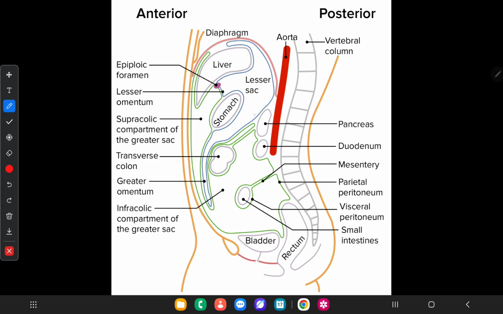The blue color one goes upwards and the green color one goes again downwards, and again it encloses the transverse colon. Here is how the greater omentum is formed. Earlier you saw the greater omentum is like a fatty pad. So fat deposition is in between those two layers.